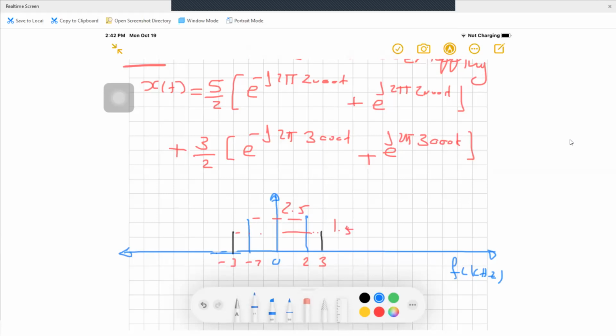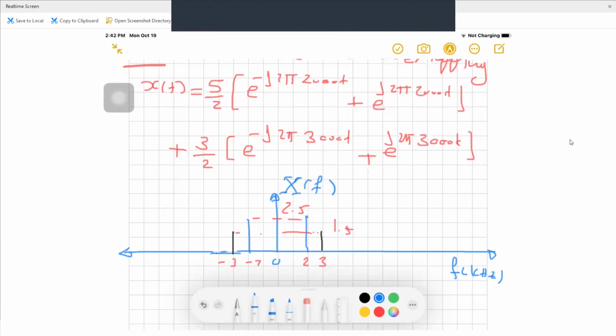Of course, this is capital X of f. Do you have any question about this step? All we have done is applying the Euler identity, then plotting the double-sided spectrum for the signal x.